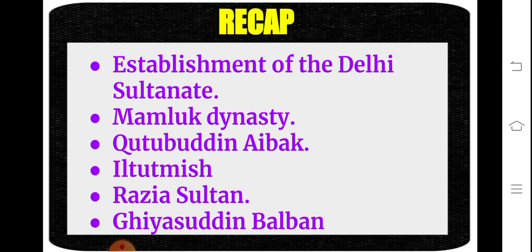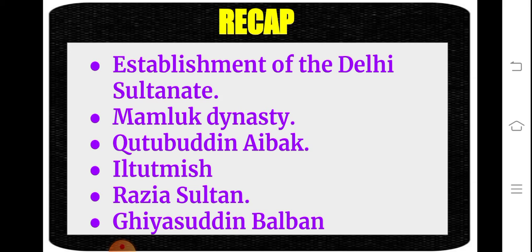Then we talked about Razia Sultan, who was an able, intelligent, and qualified ruler. She was the daughter of Iltutmish. But because of the nobles who were against the idea of a woman as a queen, the provincial rulers rose in revolt against Razia Sultan.